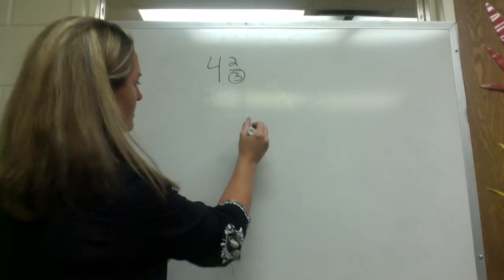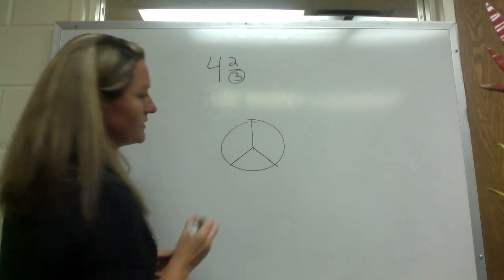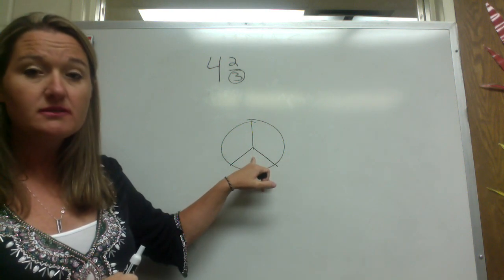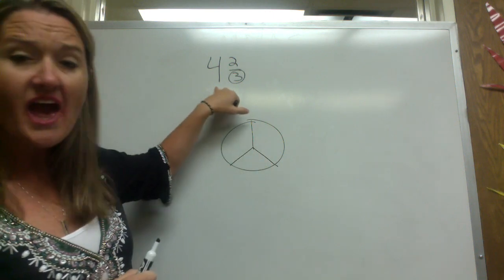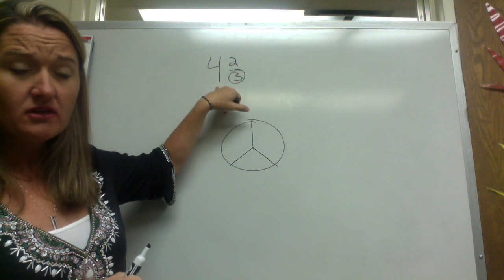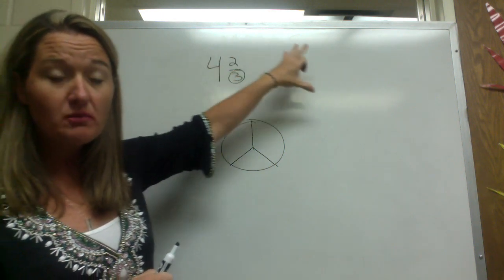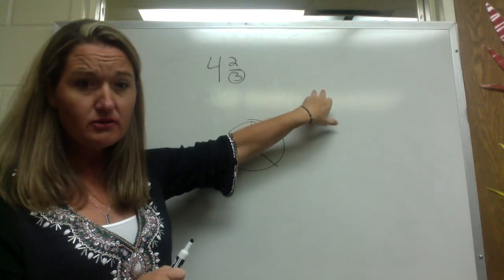Here's my handy dandy circle, or peace sign. Every whole has 3 pieces, and I have 4 wholes already. We're going to turn this mixed number into an improper fraction, where we've got a lot of pieces on the top and the denominator on the bottom.